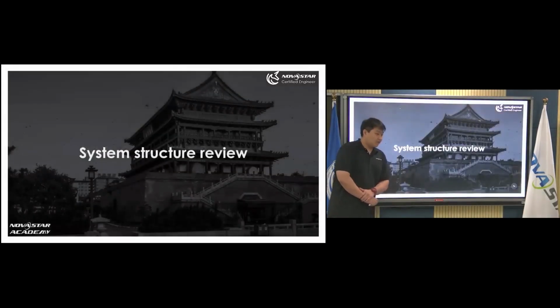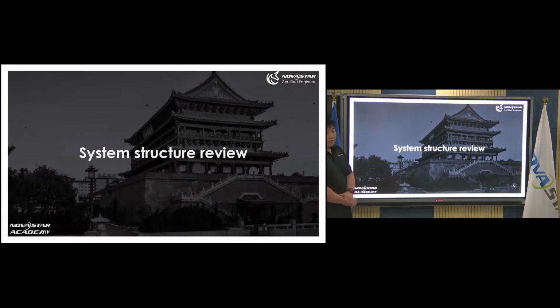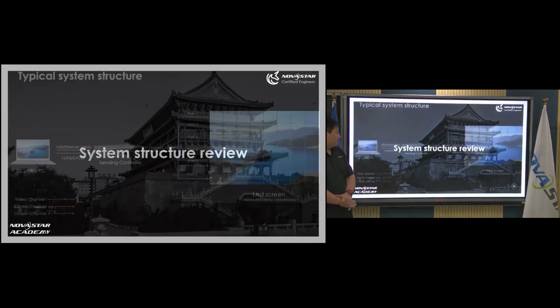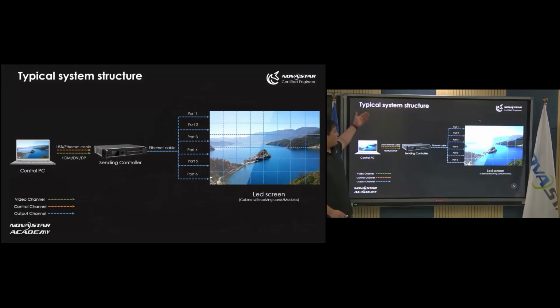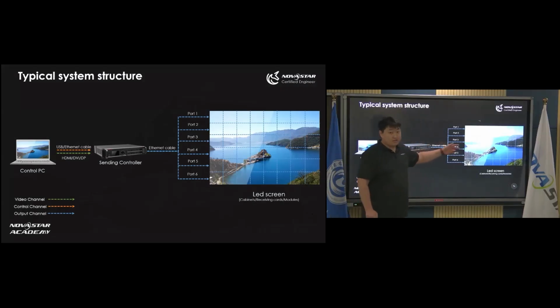Okay, let's start. Before this topic, we will do the system structure review, just as Dr. Chu and Steven said yesterday. So this is the technical system structure. We need the control PC and the pure sending port and also the LED screen.